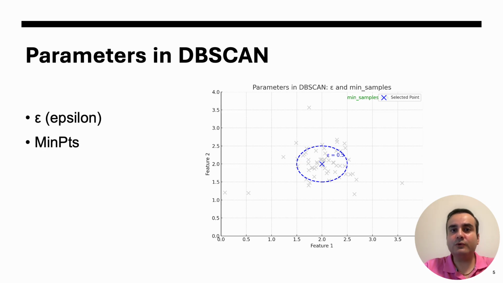Setting epsilon too large may merge distinct clusters into one. Similarly, min points controls how dense a region must be to count as a cluster. Choosing these parameters carefully is crucial for getting good results. A k-distance plot can help pick a good epsilon value by identifying a natural threshold.